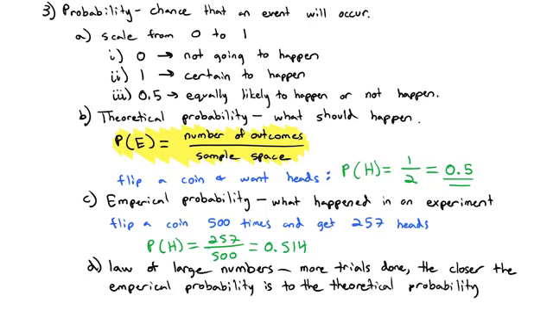If I were to do 1,000 trials, this would be closer to 50%. If I would do 1,000,000 trials, flipping a coin would get closer to 50%. More trials, the closer they're going to be.